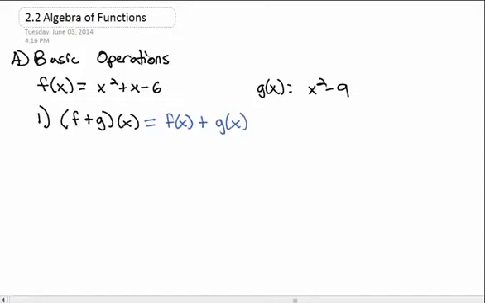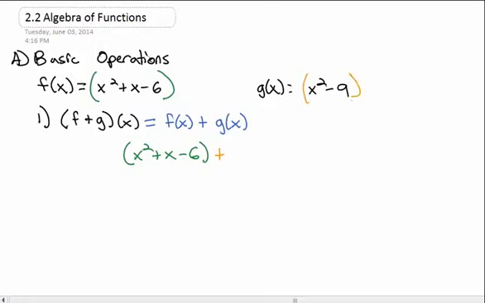Now we might have a number and we could plug those in first and then add the results, or we might have just our functions like we do here and we'll just add these functions together. So f of x, that's this first one, the x squared plus x minus 6, and we'll always put it in parentheses when we make this substitution. And we add the g of x function.